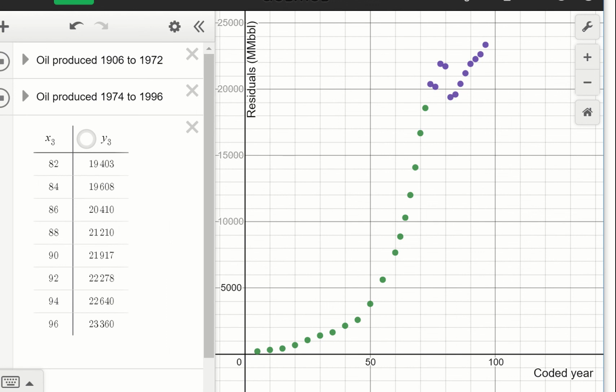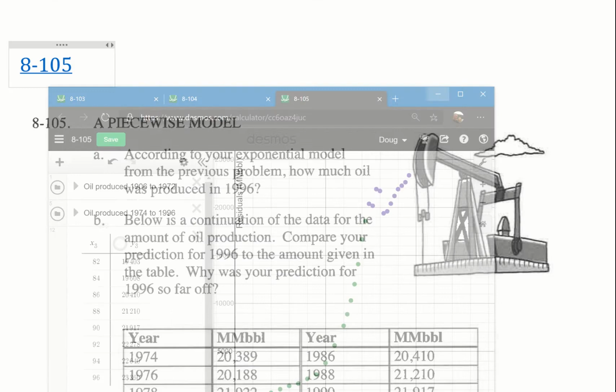And the curve looks like it changed after that. It looks like after that, it doesn't have quite that steep exponential growth that it did, and it looks somewhat more linear in nature. So maybe we got more efficient at using oil, or we found other energy resources. The point of this is that sometimes when we build a model, sticking with the same curve the entire time may not be appropriate, because, for example, here we can see behaviors change.